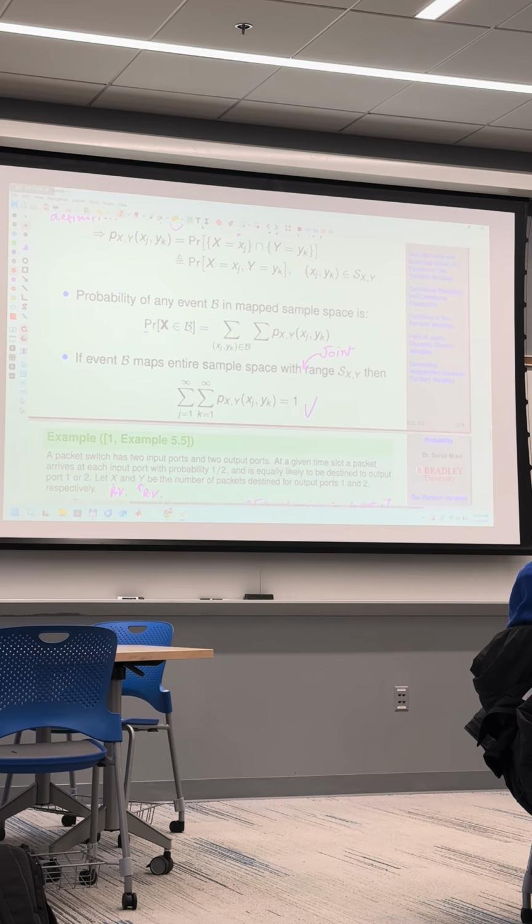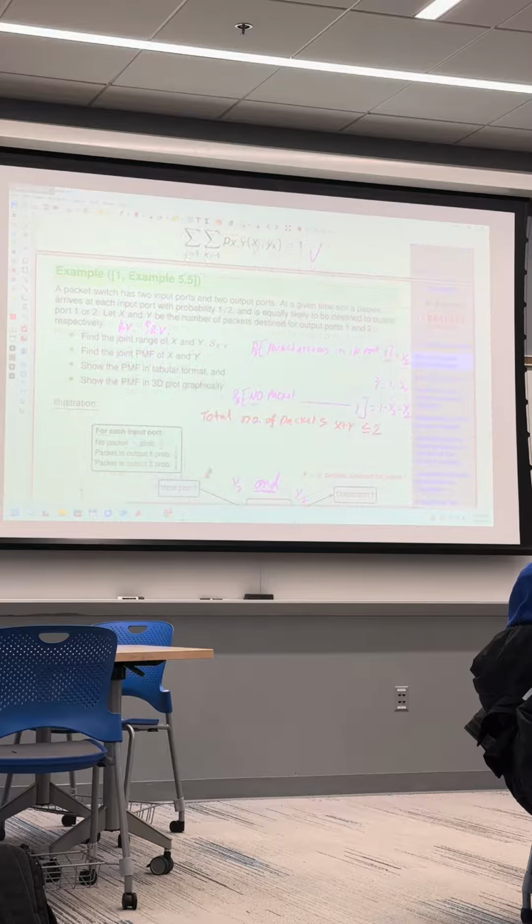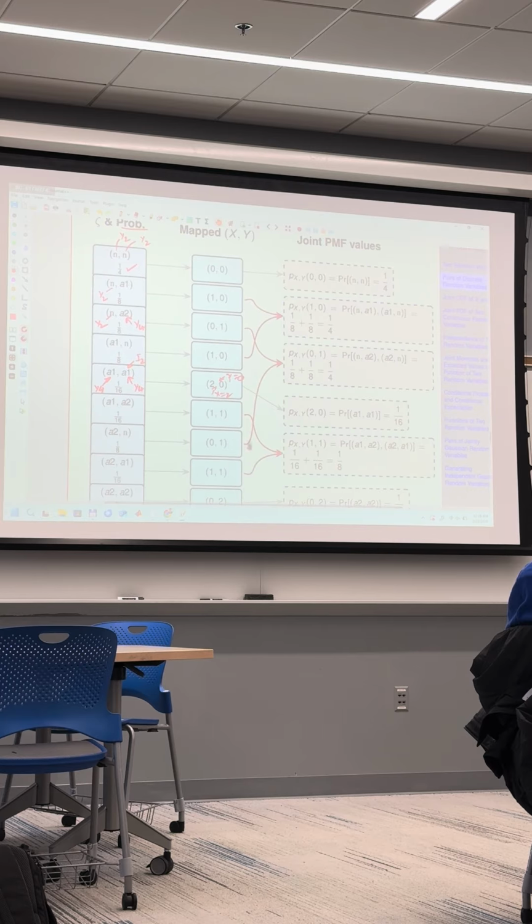For each point in the event B, you make a double summation to get the total probability of the event B. So now what you see, you have this joint range, the element, you have this element in joint range.